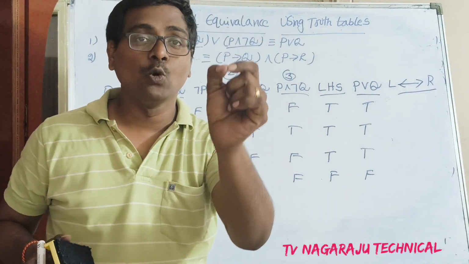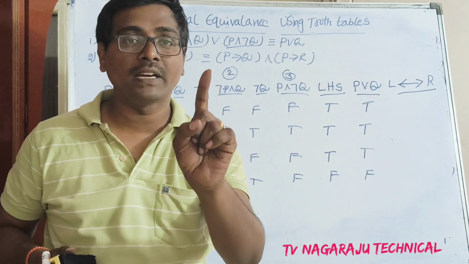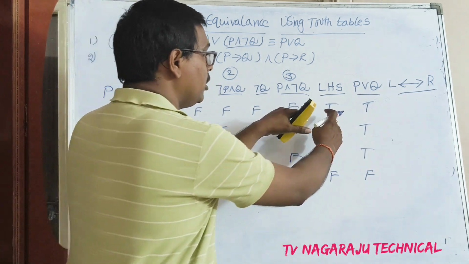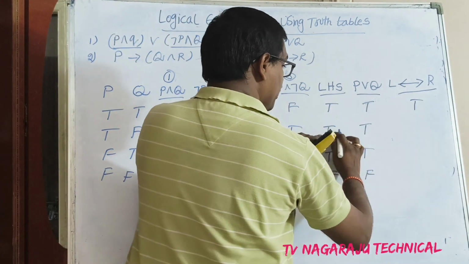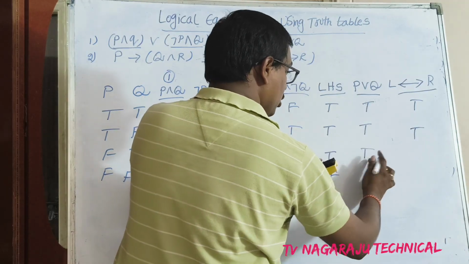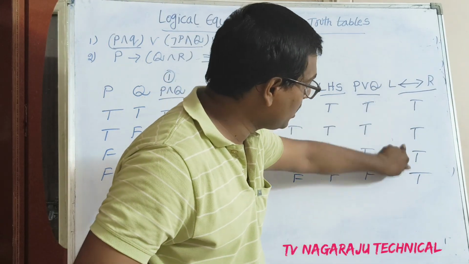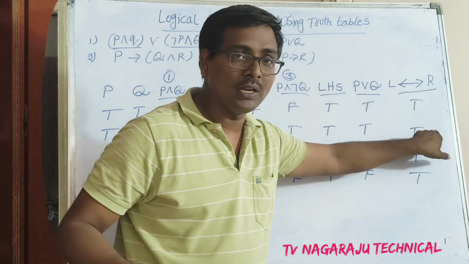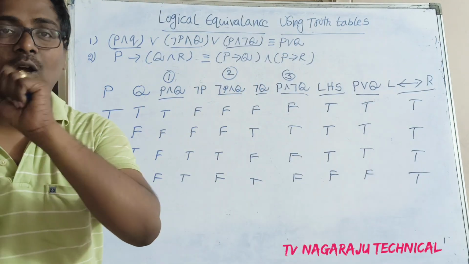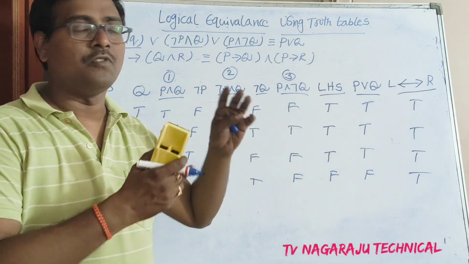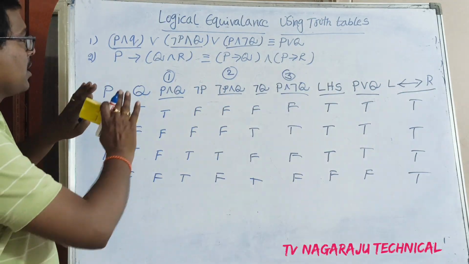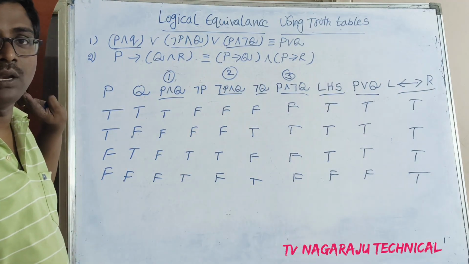If it is a tautology, then also the two expressions are equivalent. The result is true, true, true, true. If the result contains all truths, that is a tautology.